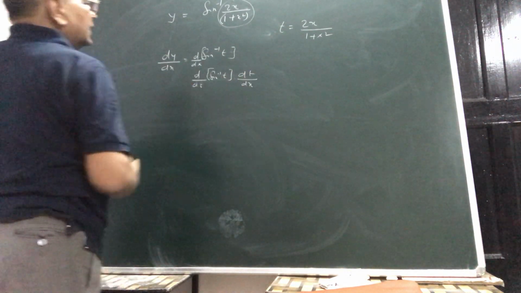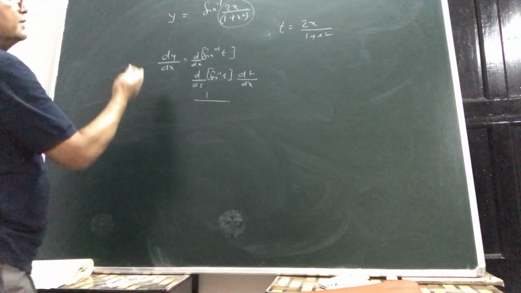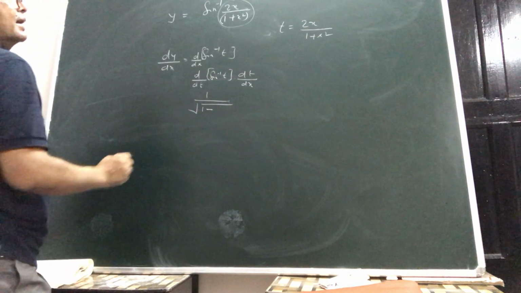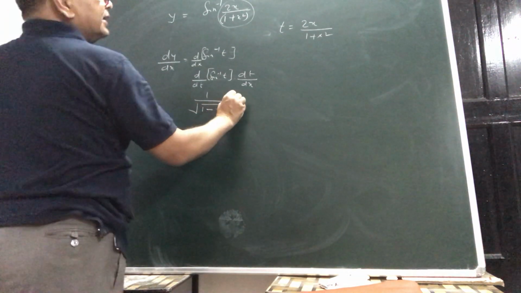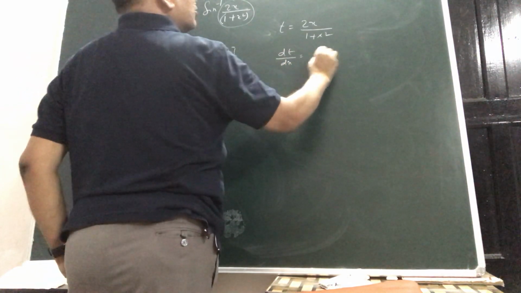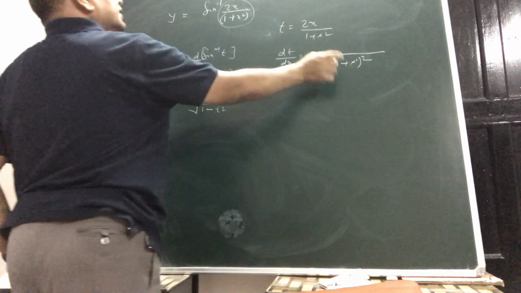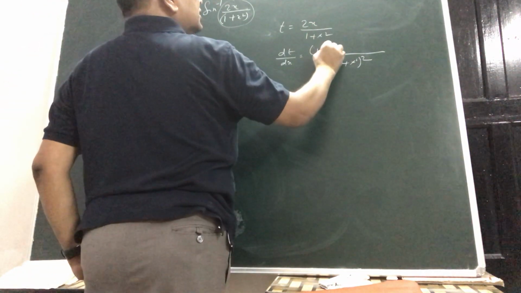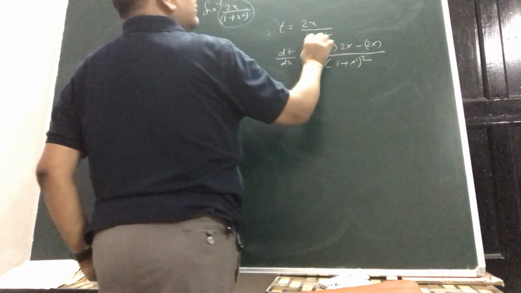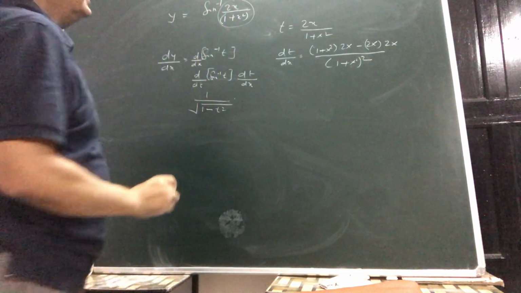And sine inverse t derivative, you have already seen, is 1 upon under root 1 minus t square, and dt by dx you will find from here by invoking the quotient rule: 1 plus x square whole square in the denominator, denominator into derivative of numerator minus numerator into derivative of denominator, which is 2x. So this is dt by dx.